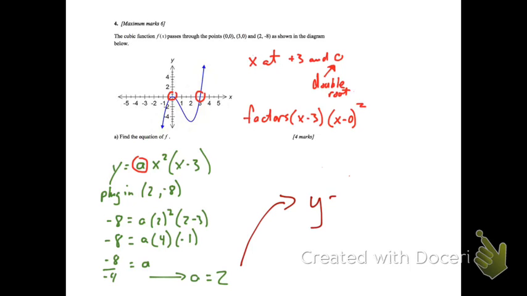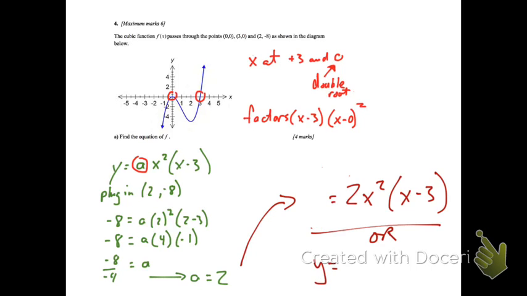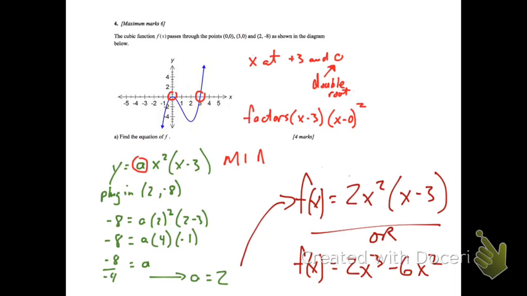And then you roll that back into your equation or your function. I should be writing this in function notation because it did ask for f. You can leave it in factored form, or it was fine as well to distribute it through and get 2x cubed minus 6x squared. And you were given a method point and an answer point for recognizing that you needed the constant.